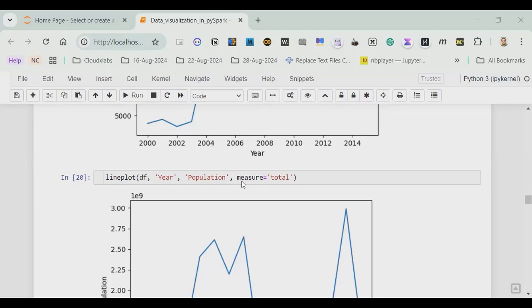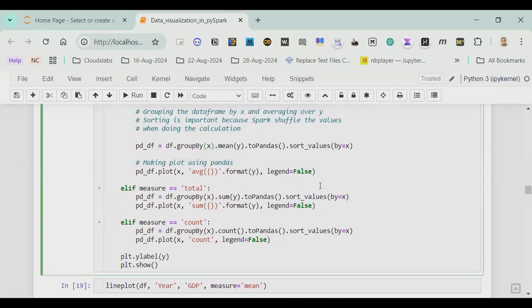Otherwise, else if we are using measure double equal to total, total you can see. Okay, elif we are giving. What does this indicate?